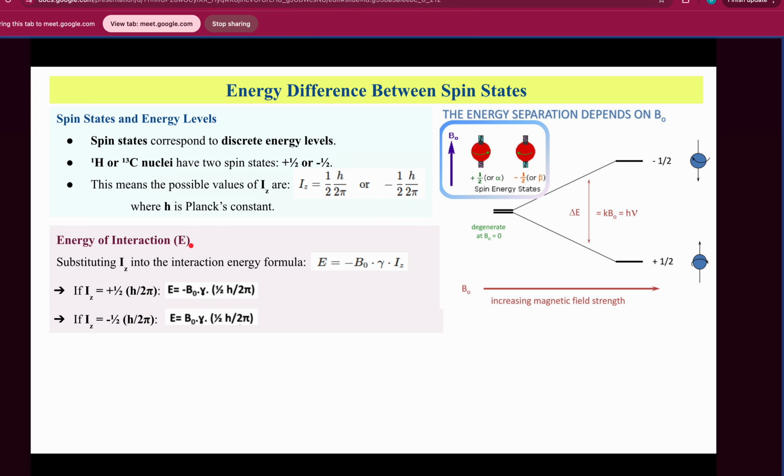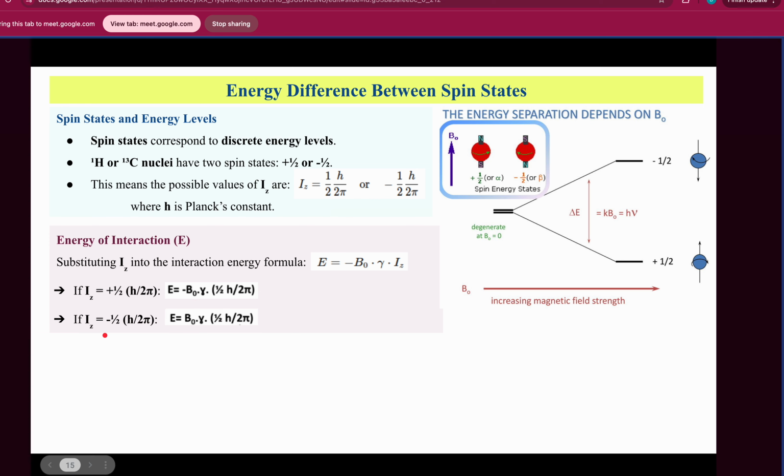Now let's talk about the energy of interaction, that is, what the energy will be when this interaction happens between the nuclear spin and the external magnetic field. Substituting Iz into the interaction energy formula, Iz is half h by 2 pi. If we include the positive spin state, then E equals minus B naught gamma half h by 2 pi.